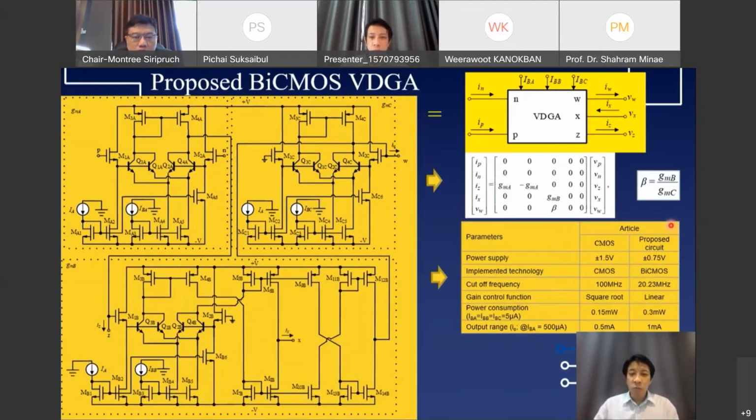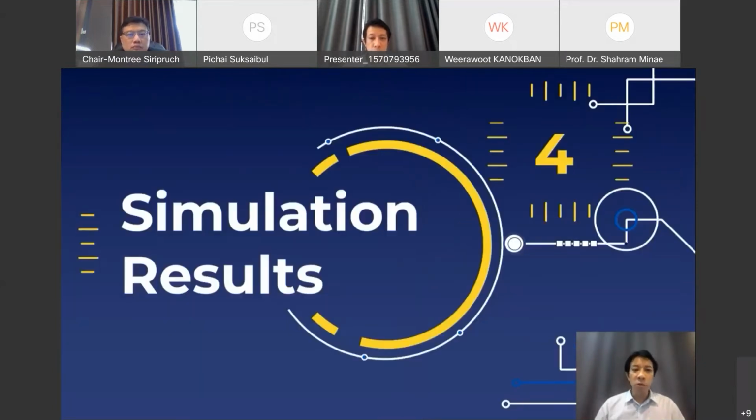The BiCMOS VDGA has advantages such as it can be operated at plus minus 0.75 volt, the gain control function is linear, and the output can be operated over a wider range than the CMOS structure. The performance of the proposed circuit is tested using the PSpice simulation program.